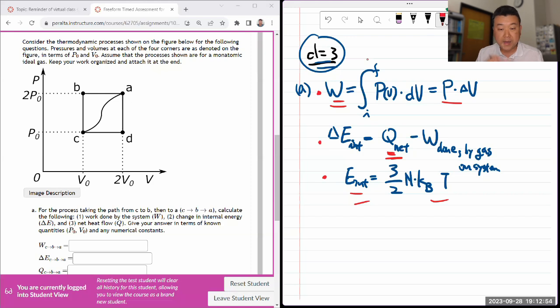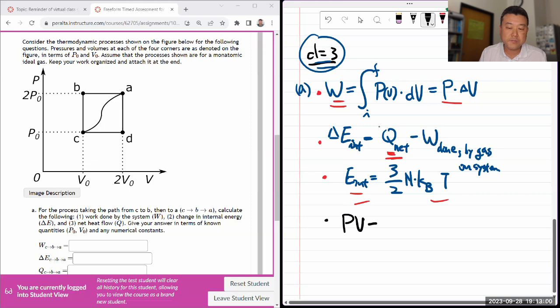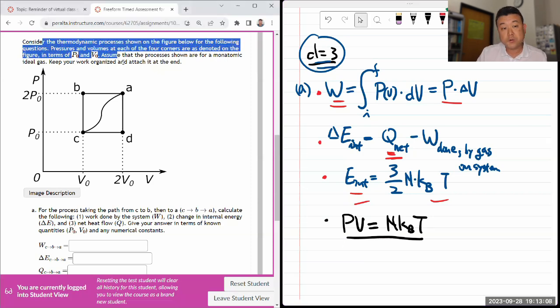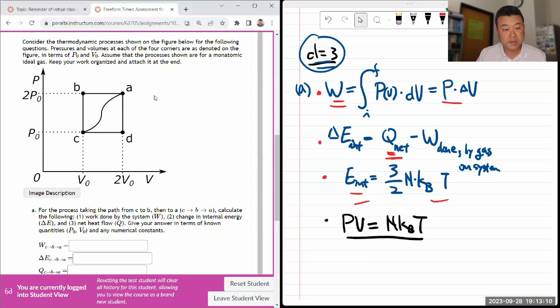And finally, one last expression you might use is the ideal gas law: pressure times volume is equal to N k_B T. The utility of the ideal gas law especially comes in because the question never gave you a temperature, but internal energy is expressed in terms of temperature. You don't have temperature, so what do you do?